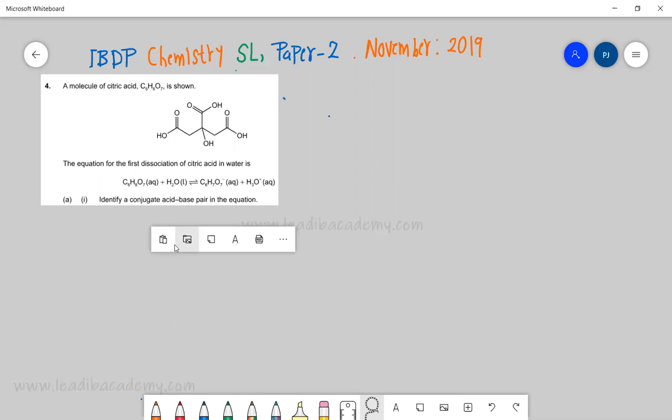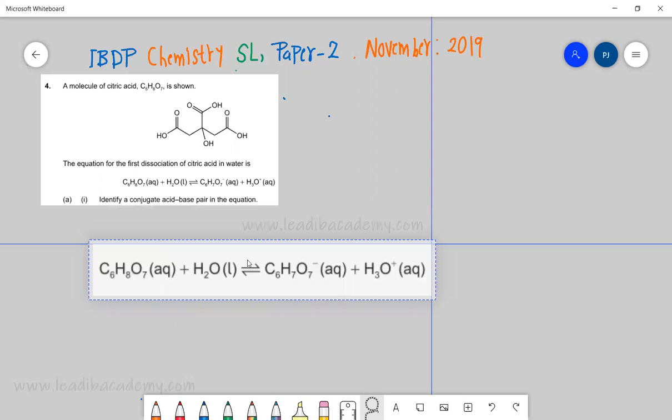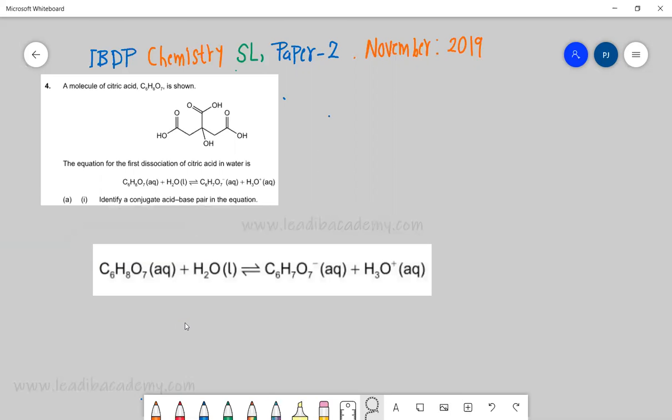So simple. What we can do, this is an acid, this is a citric acid, so obviously this is the base.